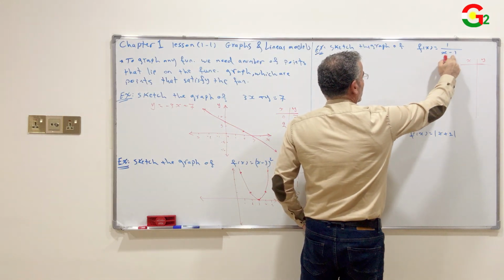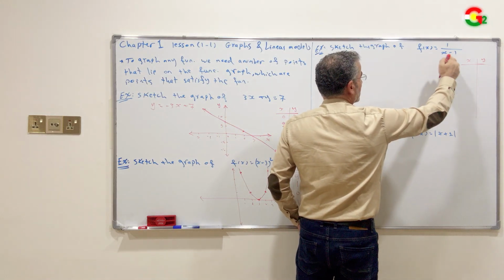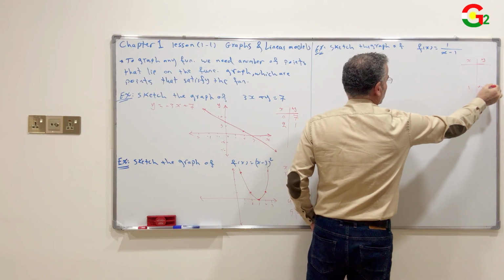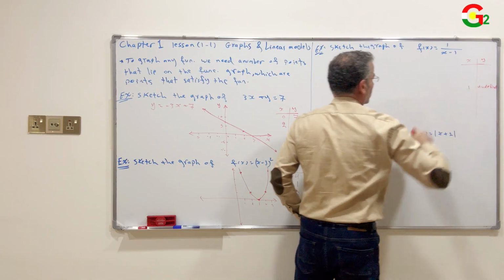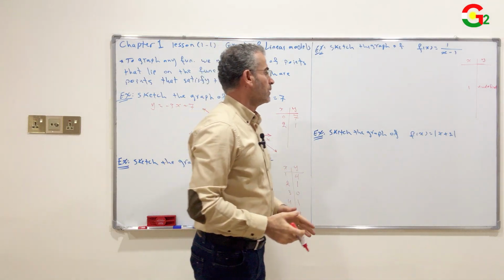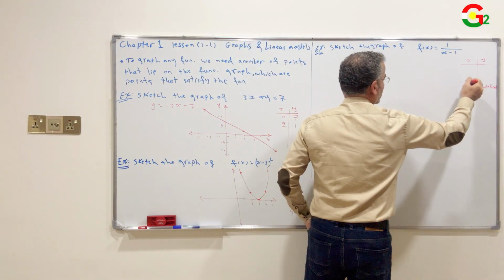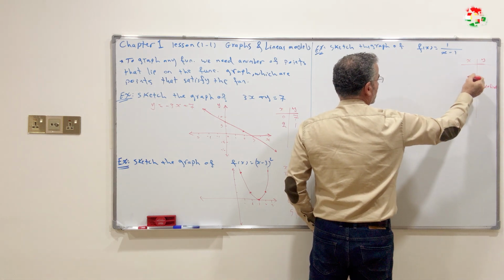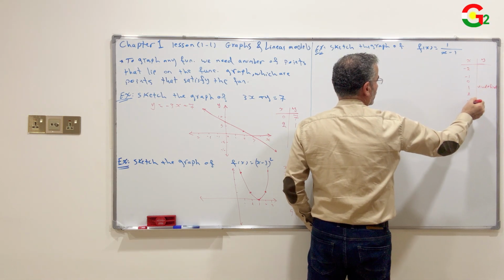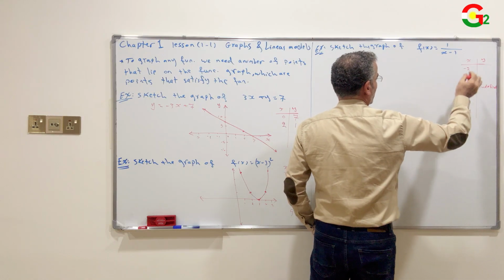Since 1 makes the denominator 0, this function is not defined at 1. It's undefined. I'll take 3 points before 1 and 3 points after 1: 0, -1, -2, 2, 3, 4.